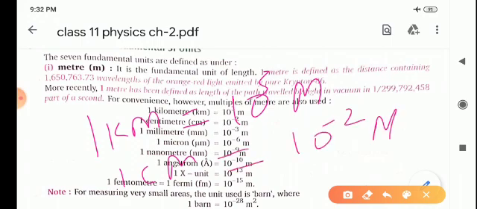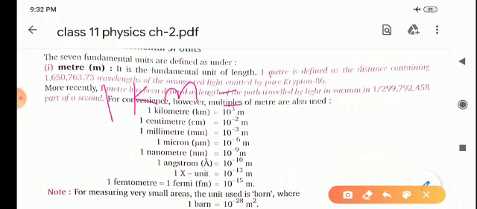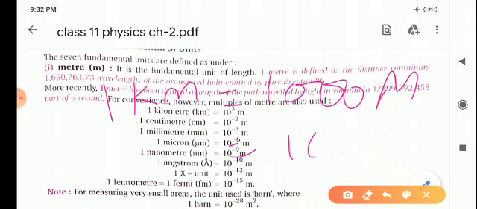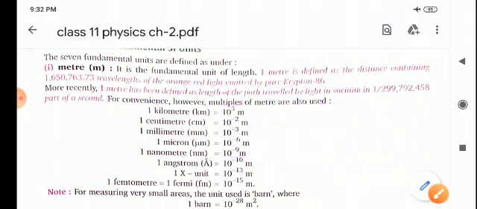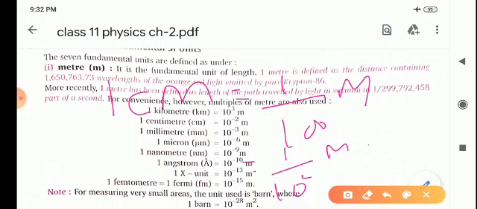Listen carefully. 1 kilometer equals 1000 meter, which converted into powers is 10 power 3 meter. 1 centimeter equals 1 upon 100 meter, that is 1 upon 10 power 2 meter, that is 10 power minus 2 meter.